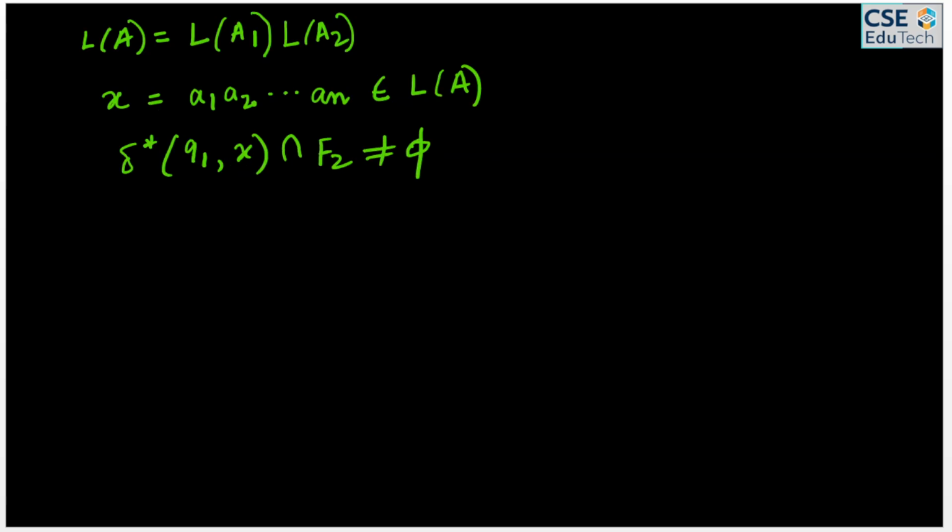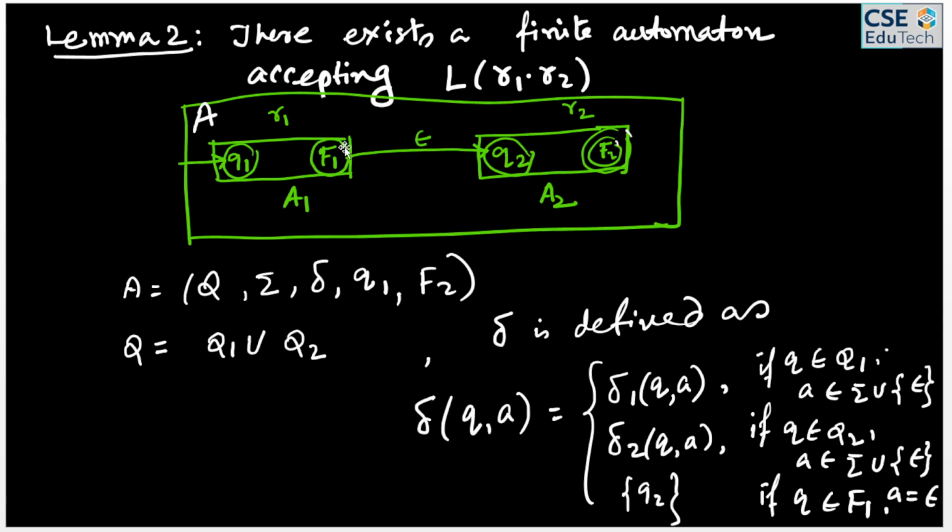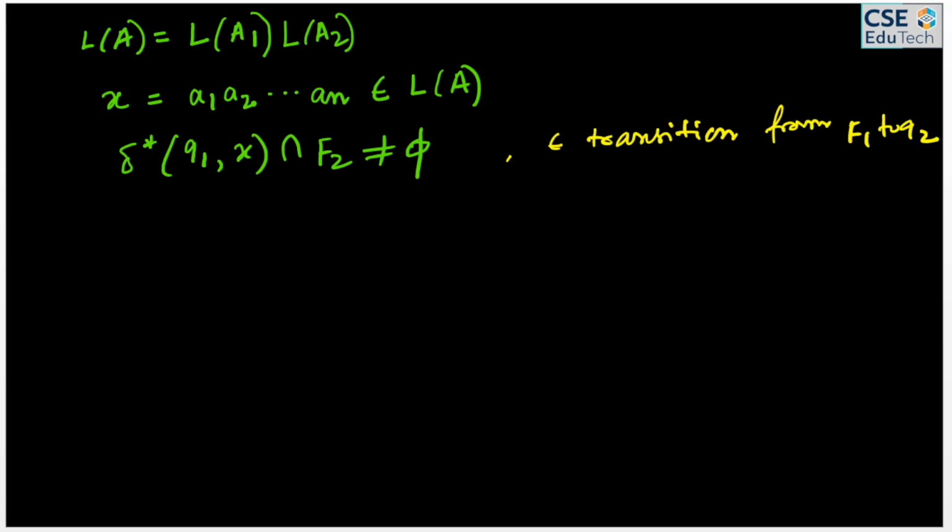We have only one epsilon transition that we have seen: the epsilon transition from the state F1 to Q2. From F1, there is an epsilon transition to Q2.